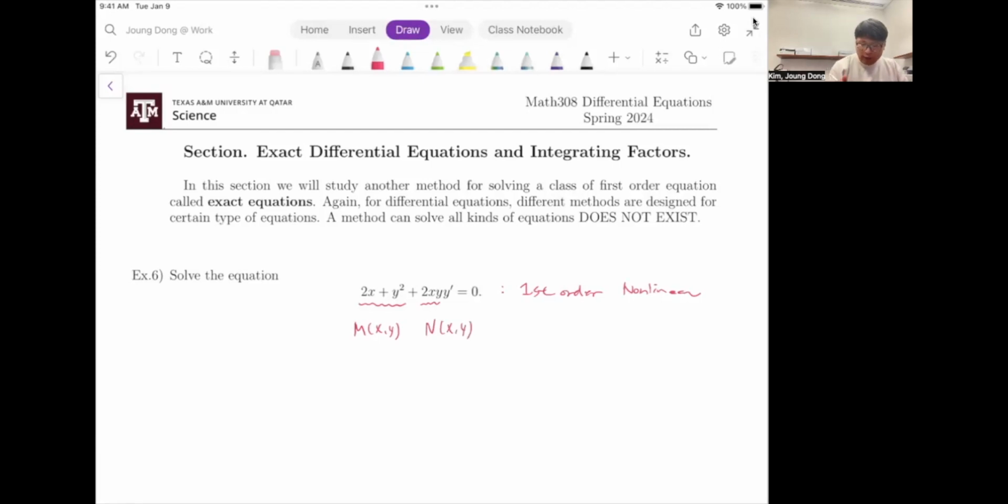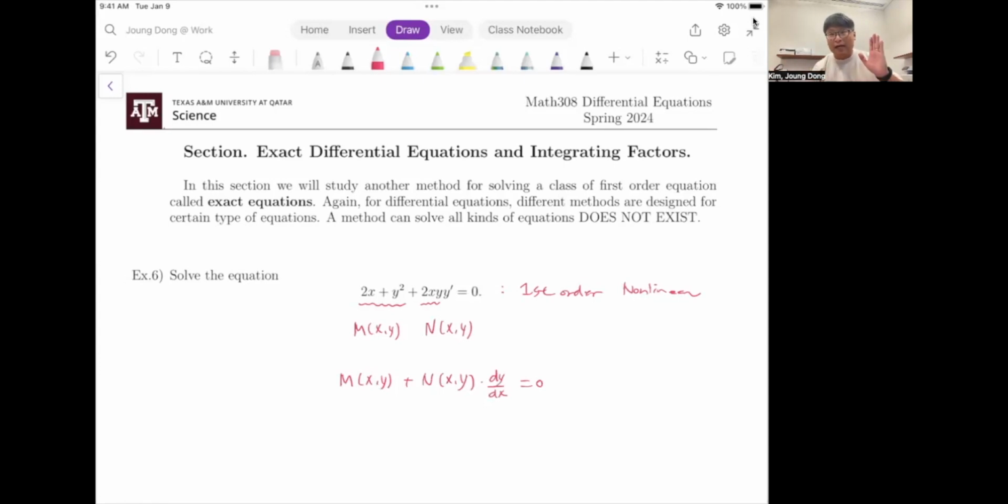Okay, so the general form for the exact differential equation can be written as M(x, y) plus N(x, y) times y prime, or dy/dx, is equal to 0. Your right-hand side must be equal to 0. If it's not equal to 0, you have to move it to the left-hand side, and you have to include that in the function M. In general, we can simply say M plus N dy/dx equals 0.